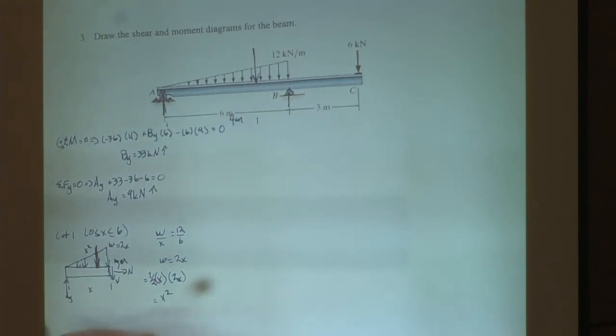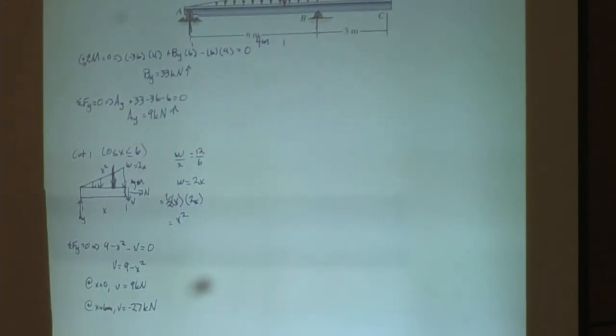All right, so now we're moving on to sum of forces in the y. Everybody good?